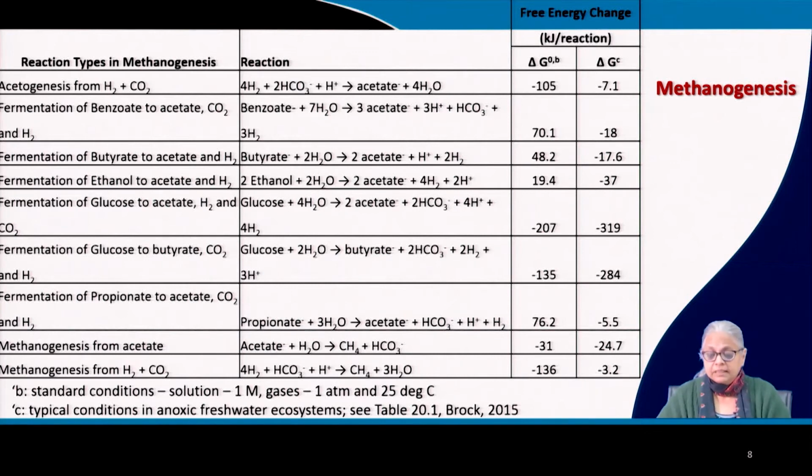Look at what happens under the conditions of the anaerobic digester. Under real conditions, with the concentrations that are typical in anoxic, in this case freshwater ecosystems, it is negative. Otherwise under standard conditions they are positive.